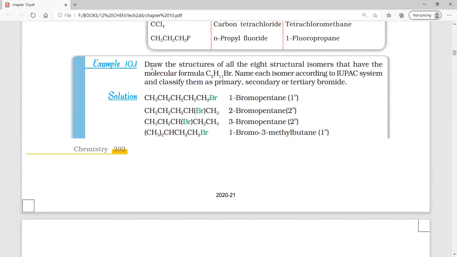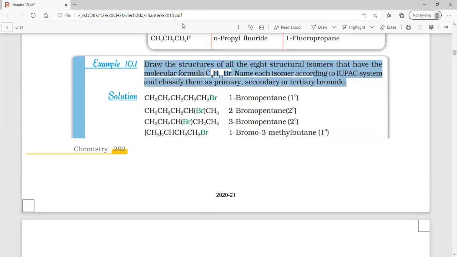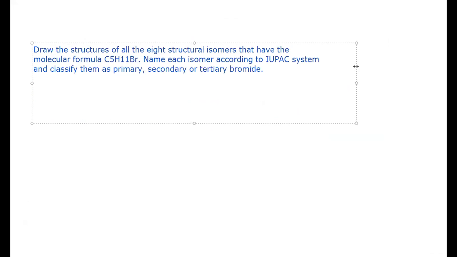Next, let us take these questions. Now there are 8 structural isomers possible for bromopentane. So we have to draw all the 8 structures and name them and classify them as primary, secondary or tertiary bromide. So let us start.